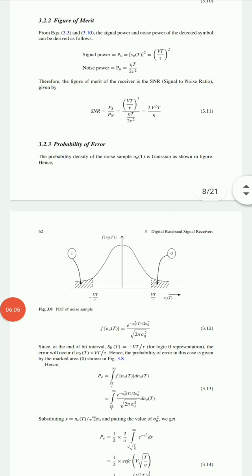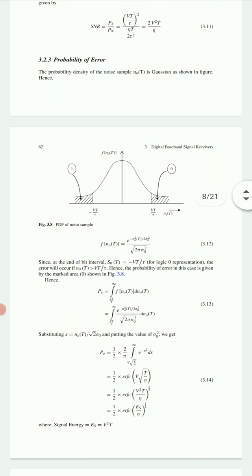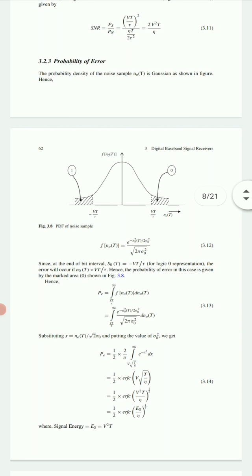Now we are supposed to study the probability of error. Here the probability density of the noise sample is Gaussian. If we take the signal, at that time we look at the probability density of the noise sample, which we denote by N naught t.